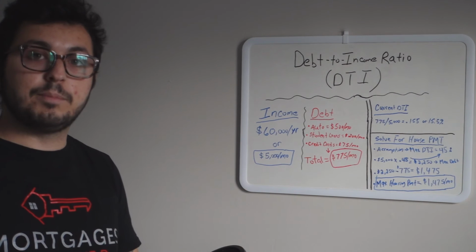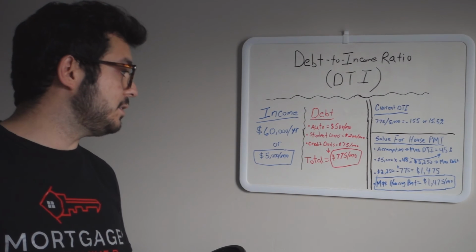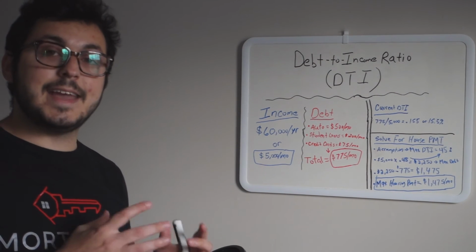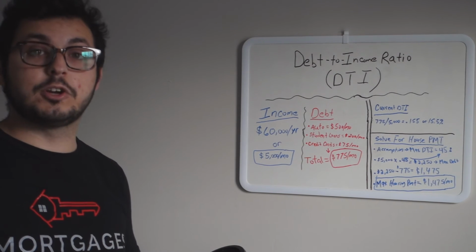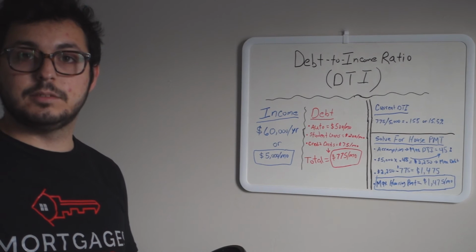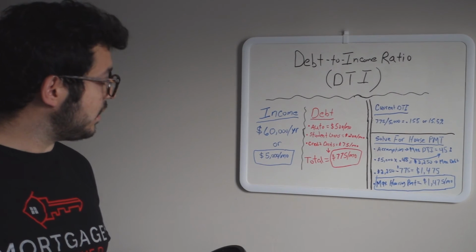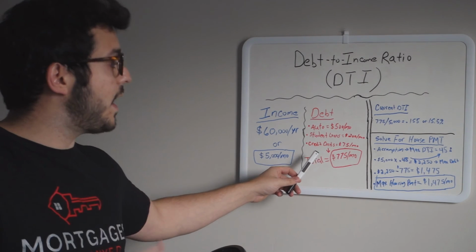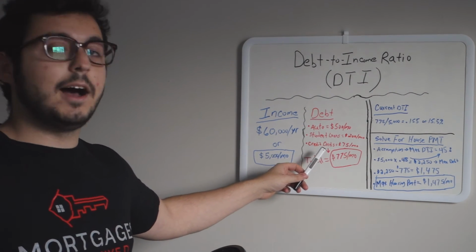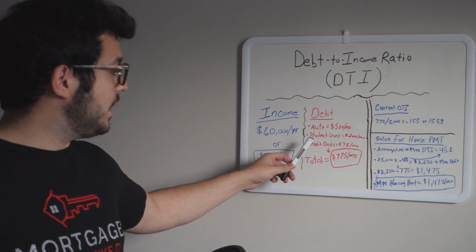So what does that number represent? That number represents the maximum debt that you can have on a monthly basis between whatever your current debt is plus the housing payment. The reason we listed out your current monthly debts is that now we'll be able to solve for what that housing payment ultimately is.